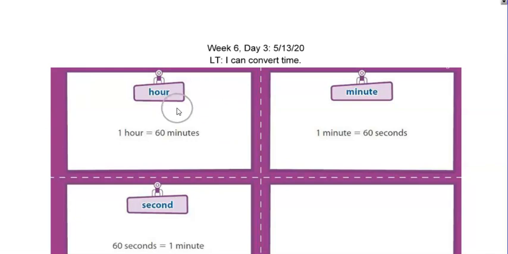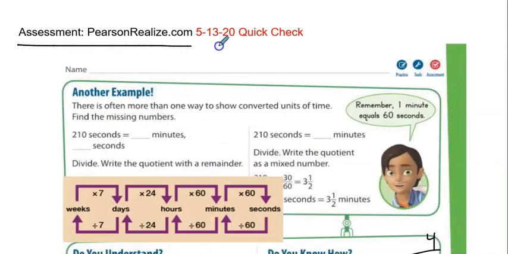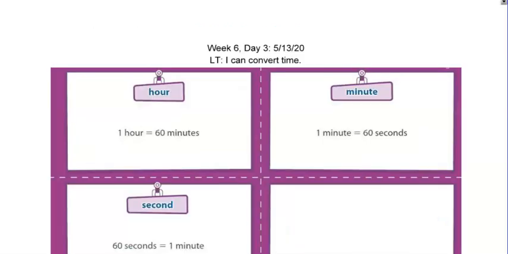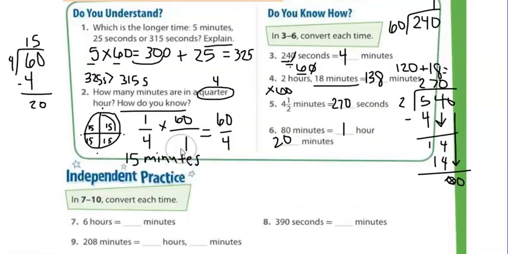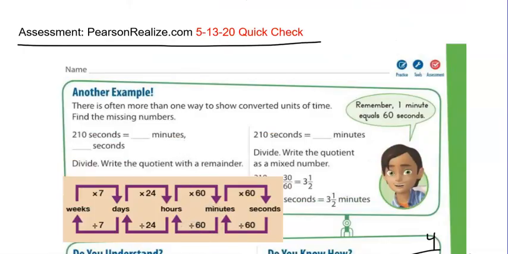For your assessment today, your assessment on Pearson Realize is going to be listed as 5/13/20 Quick Check. Just a reminder, you want to make sure that you are completing your independent practice for today before you go to Pearson Realize. Your independent practice is where you get to practice doing these assignments.